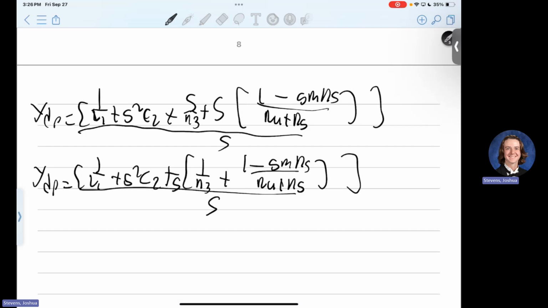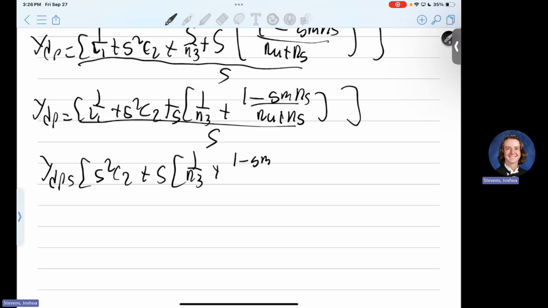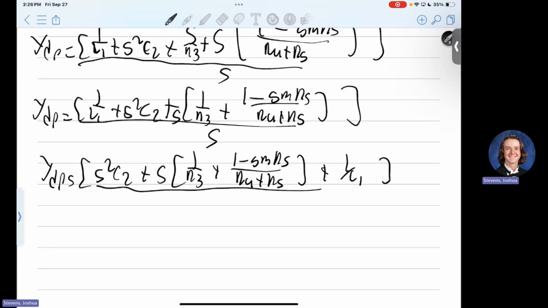I don't think so, but I'm doing it a little bit efficiently. So now, for my brain, I am going to put stuff into S squareds, S, and whatever. So S squared C2 plus S times 1 over R3 plus 1 minus GM R5 over R4 plus R5, plus 1 over L1, over S.